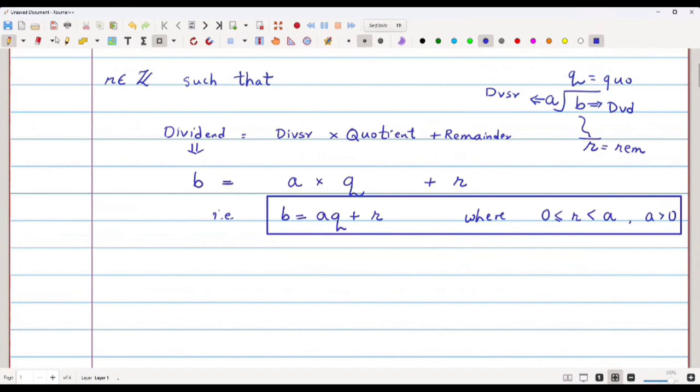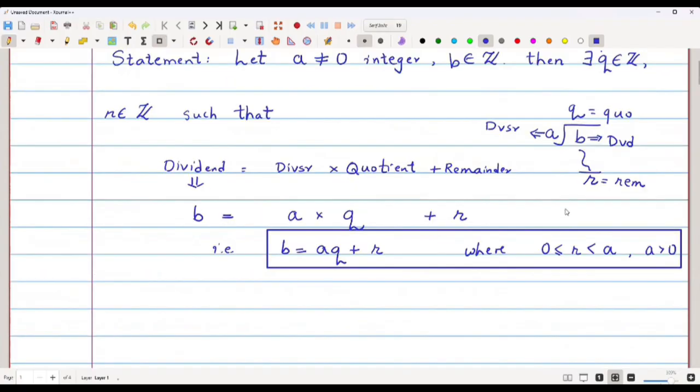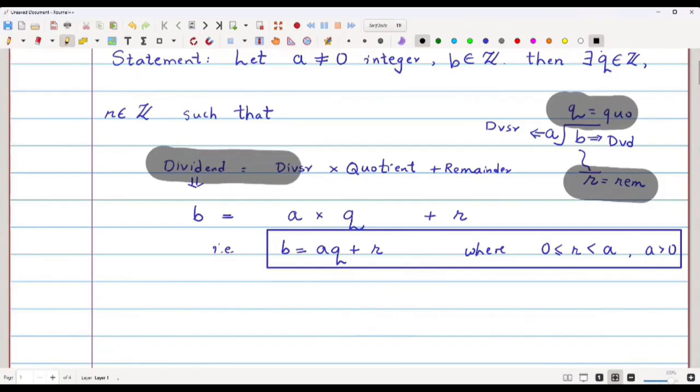What am I going to do? I'm going to divide the integer b by a, and we are going to get a quotient and a remainder. We can connect all four, dividend, divisor, quotient, and remainder, using this formula, and you get b equal to a q plus r.